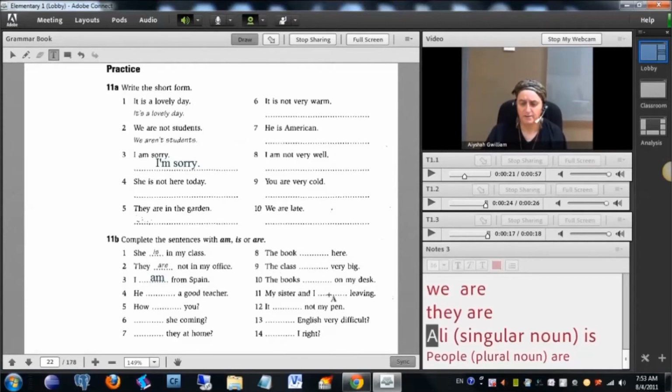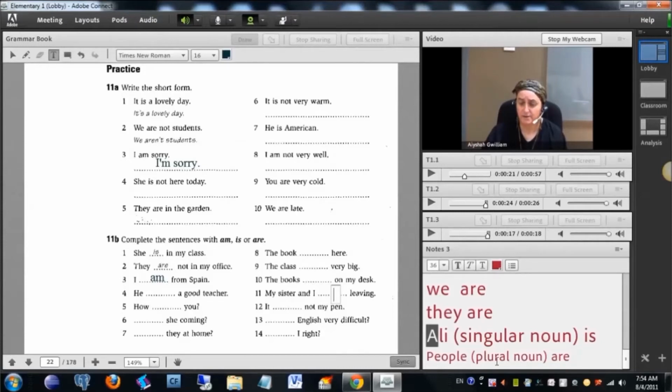Now, but before you start, I want you to look at number 11. This is a very special one. My sister and I. My sister and I are 2 people. This means it is a plural noun. That means there are more than one. There are 2 people.